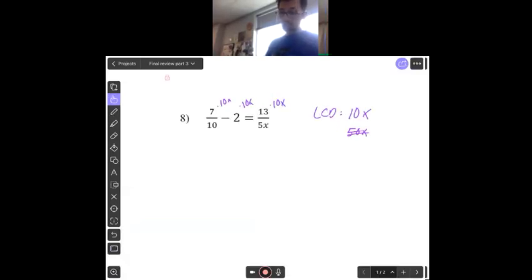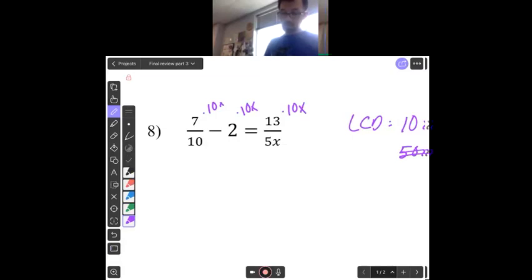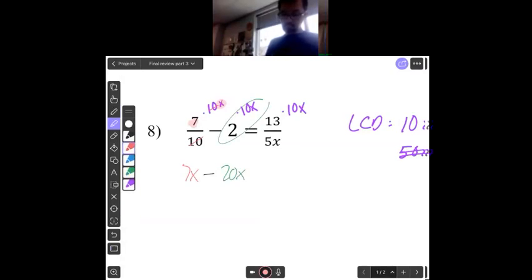Again, if we keep in mind our why, I'm trying to cancel the denominators. That'll help us with the how. So those 10s will cancel, and so I'd be left with the 7 and the x there. On the next one, there's nothing to cancel, so let's get 20x. And on the last one, 5 will cancel with the 10, leaving me a 2.